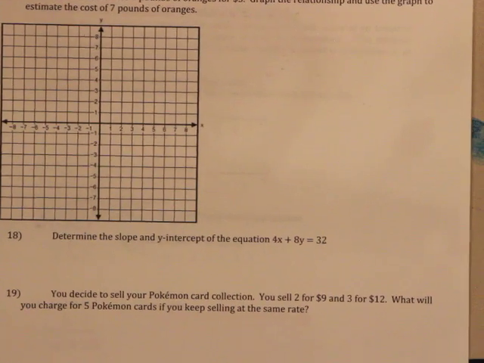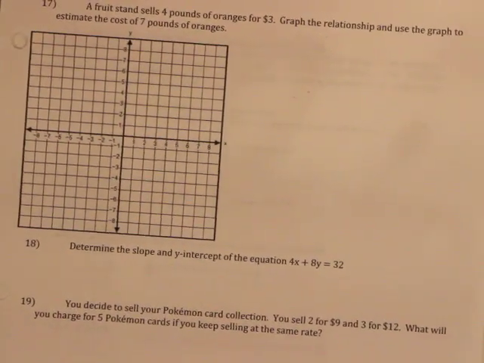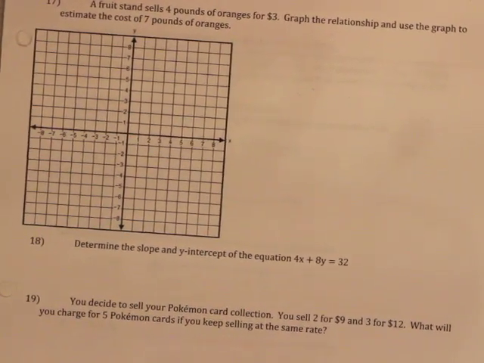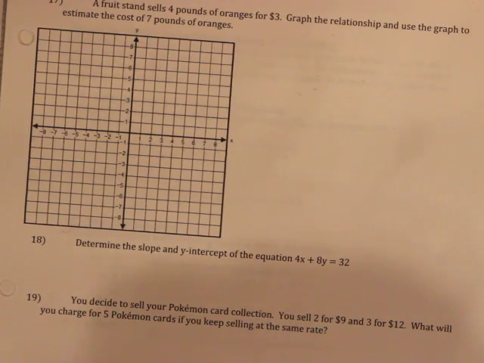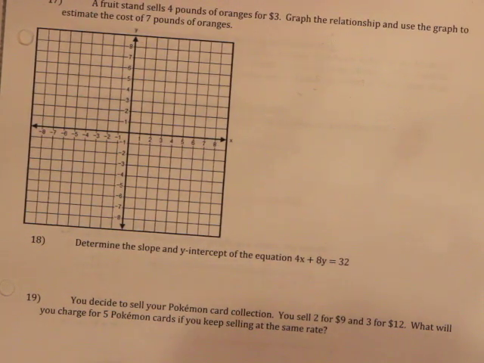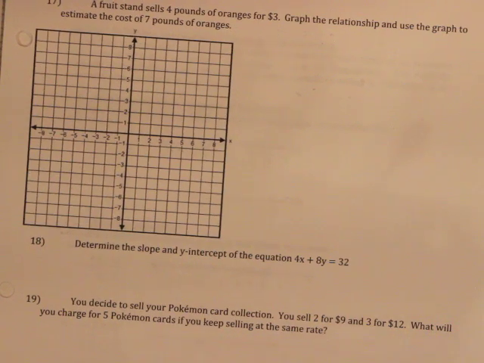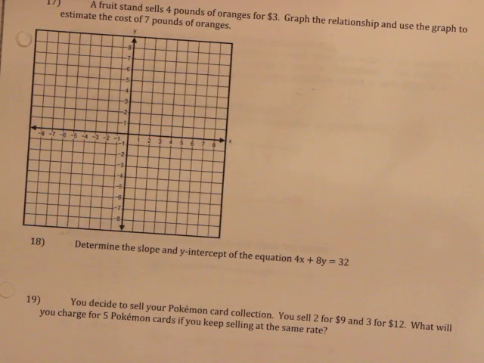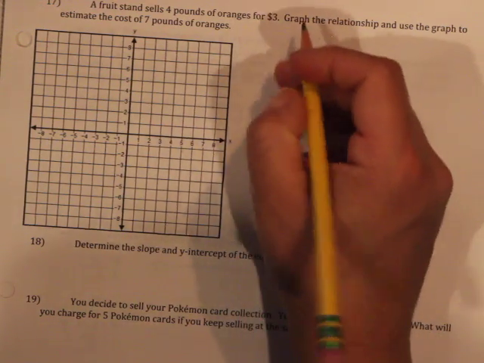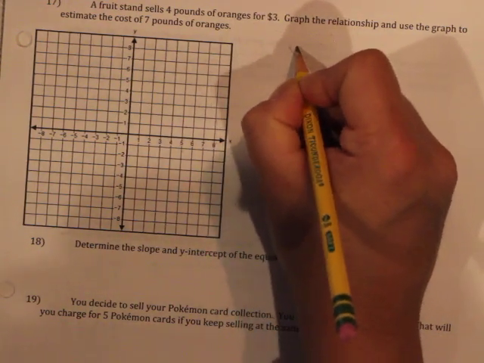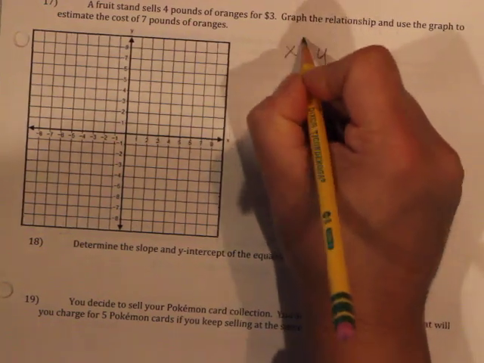A fruit stand sells 4 pounds of oranges for $3. Graph the relationship and use the graph to estimate the cost of 7 pounds of fruit. Okay, here we go. We could do this by creating a t-table with our x values and our y values.